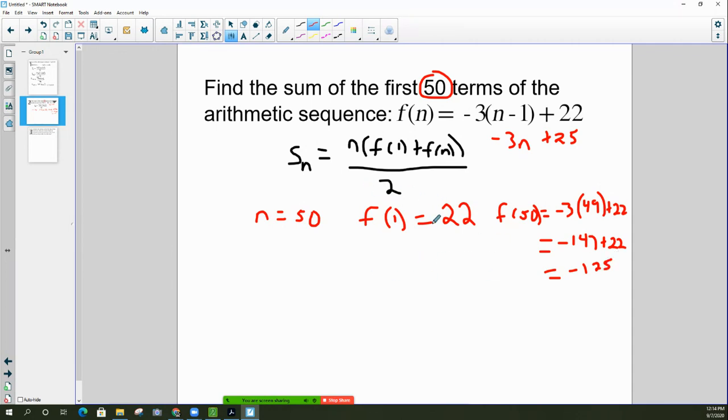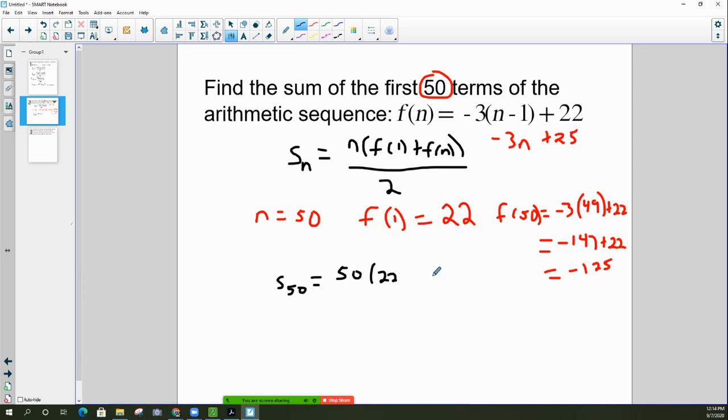All right, so we now know the first term, we know the 50th term, and so now we can plug everything in and find S sub 50, the sum of the first 50 terms. So we plug everything in. N is 50. F of 1 is 22. F of n is negative 125.